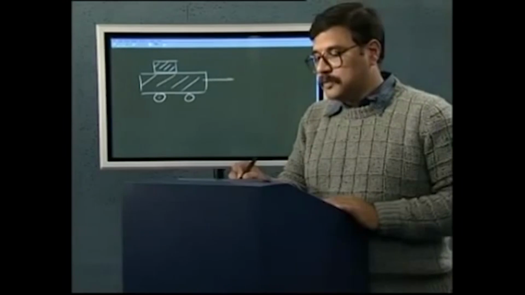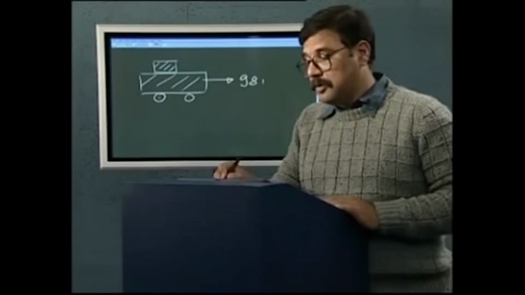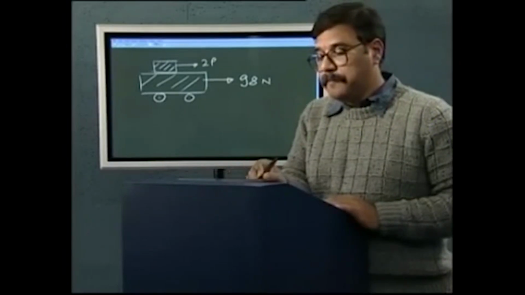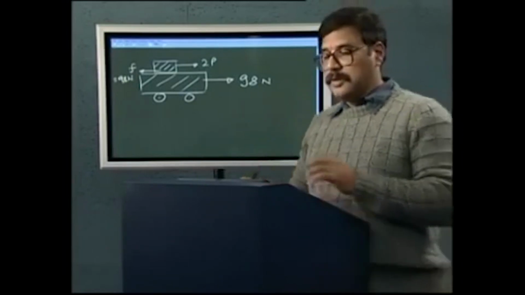This fellow is moving this way. Maximum force it can have in this direction 98 newtons. This has a force 2p, and this has a force F, maximum 98 newtons.